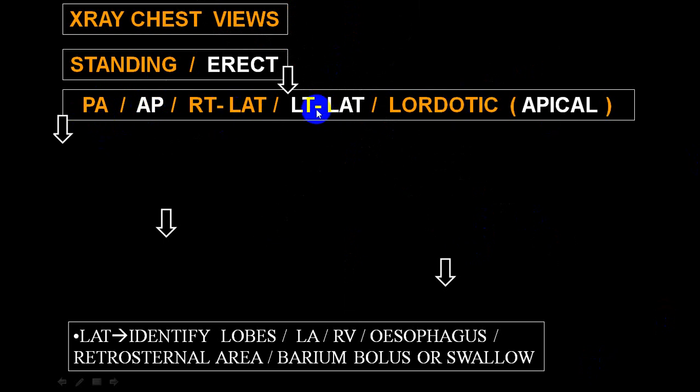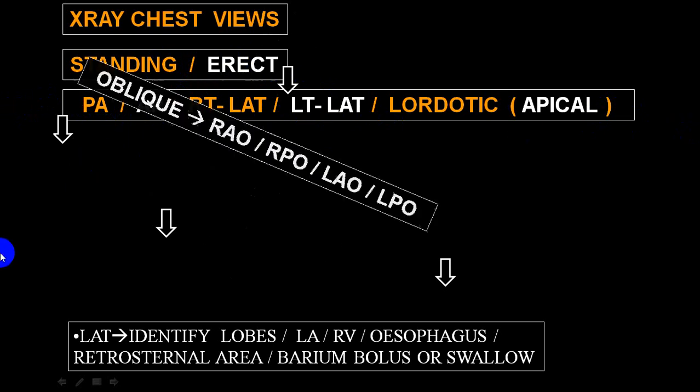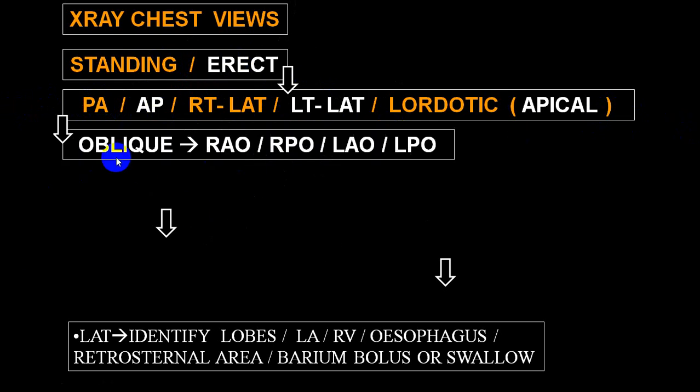These are the common ones. Sometimes, even in a standing posture, you can ask for oblique views. In a lateral, rotate them slightly and you can have oblique views. So these are the common views which you ask for. We'll be talking about what PA, AP, lateral views, etc. are. You can ask for an oblique view also: right anterior oblique, right posterior, left anterior, left posterior obliques.